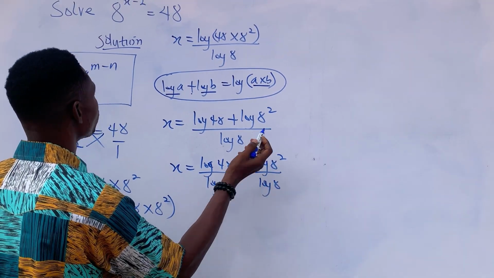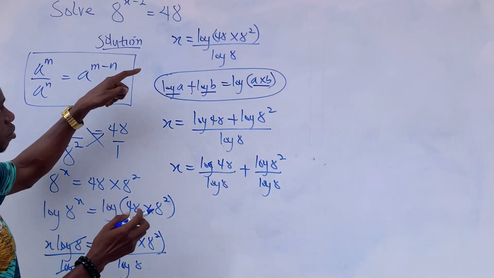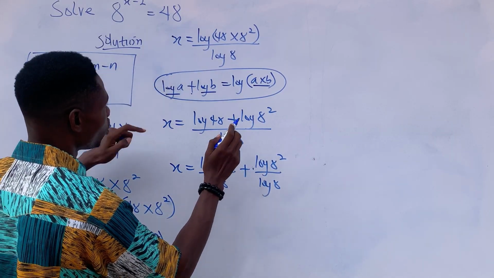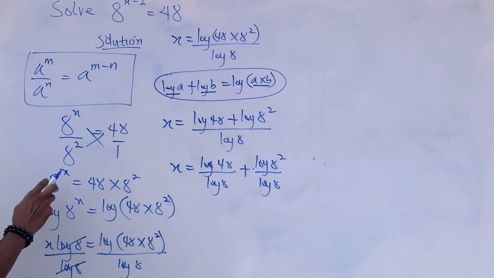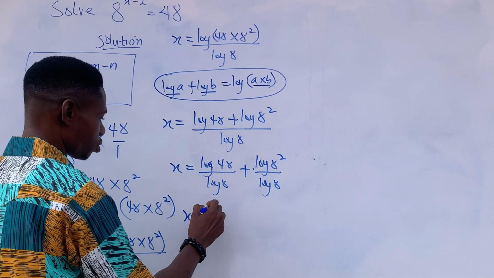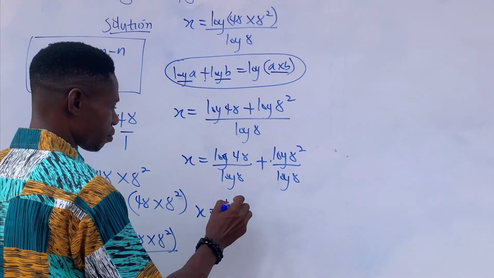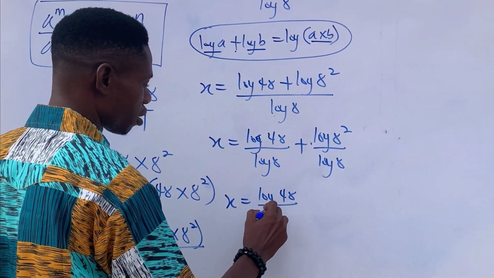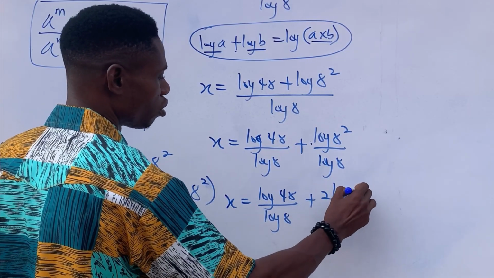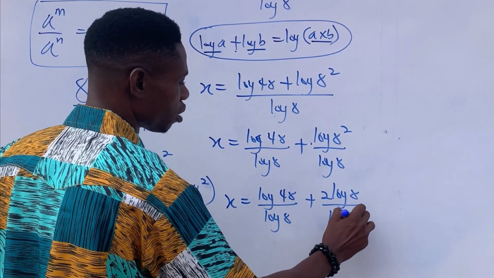Remember this law of logarithm we applied earlier. It allows us to bring this 2 down, just the way we brought our x down. So this will give us x equals log 48 over log 8 plus 2 log 8 over log 8.